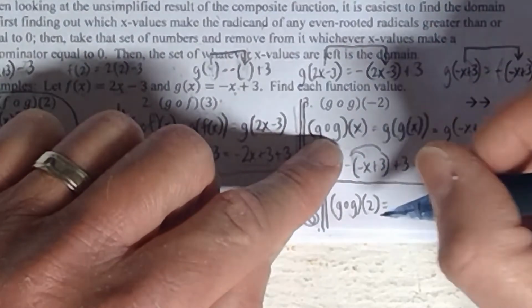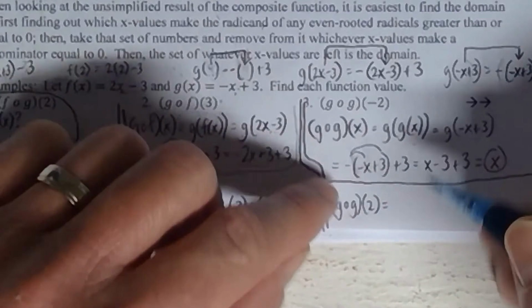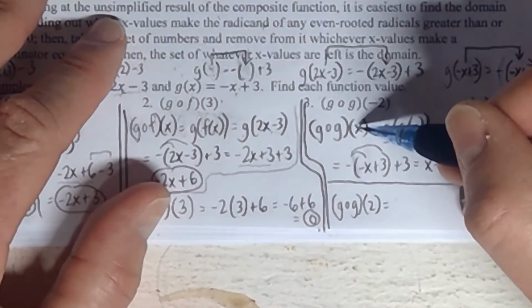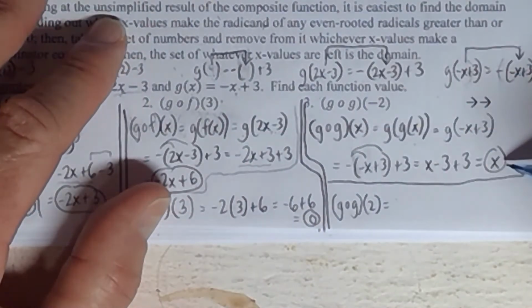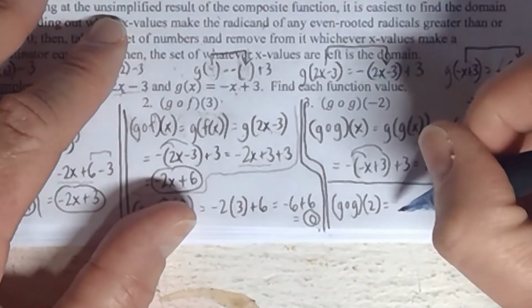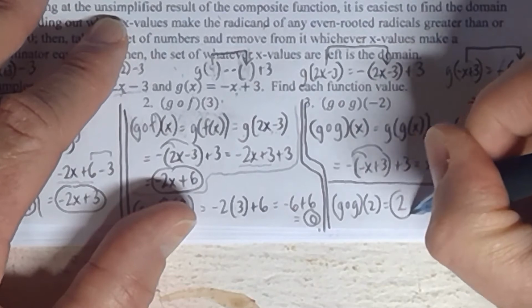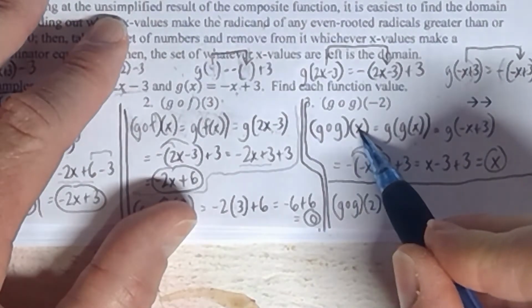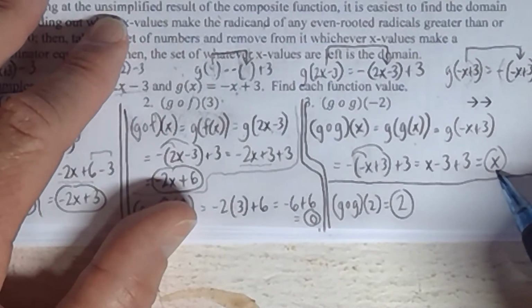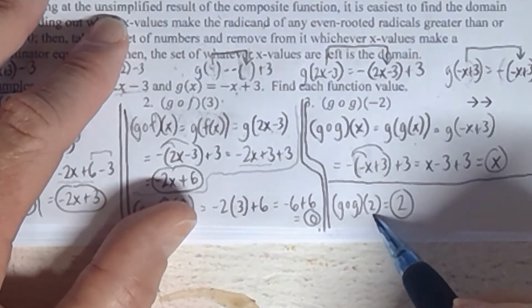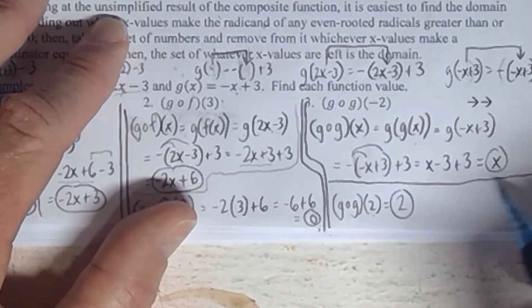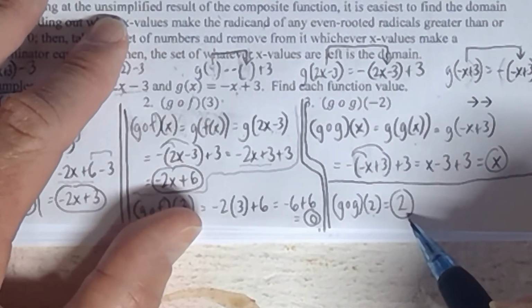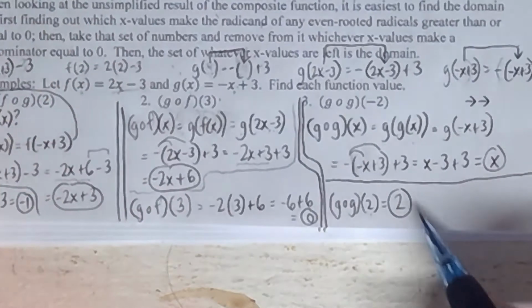Well, since it's just x, then whatever is inside of this bracket here goes inside the variable over here. But the variable is the entire answer. And so it makes sense then that the answer would just be the same number. If this right here, x, is the same as the answer, x, then whatever goes inside that bracket will automatically be the answer. It's got to be the same. Just like x and x are the same, 2 and 2 are the same. All right. So the final answer there is 2.